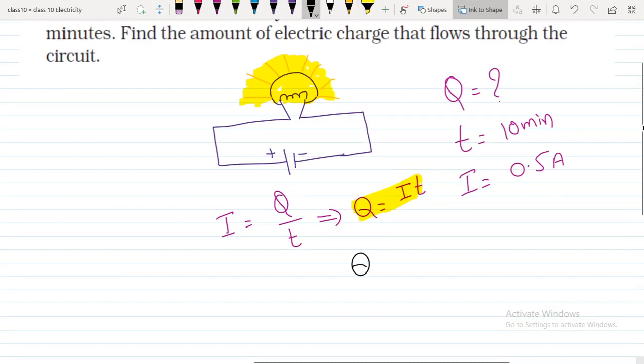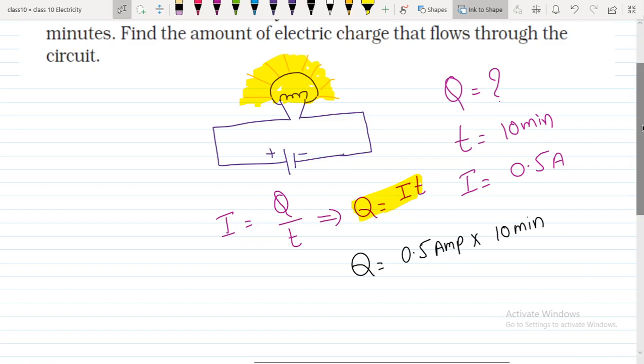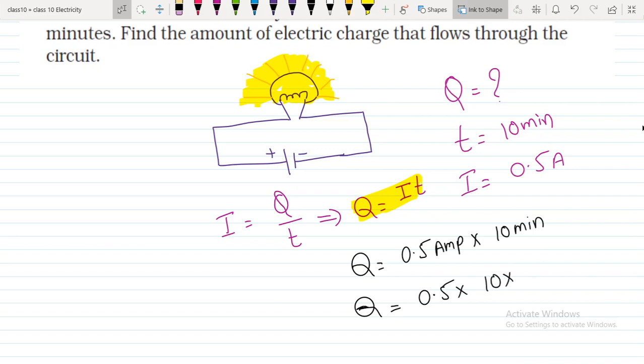Q equal to I, which is 0.5 ampere, times T, which is given as 10 minutes. The 10 minutes we convert in terms of seconds. Therefore Q equal to 0.5 times 10 times 60, since each minute contains 60 seconds.